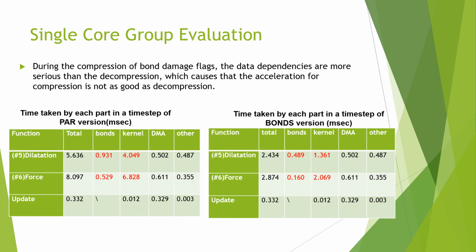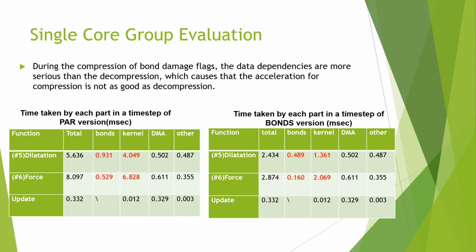Next, I will show the breakdown of the parallel version and the final version. We can see that our optimizations on vectorization speed up the kernel about 3 times. As for the bond damage flags, the vectorization of operations of bond damage flags in the deletion part gets a 1.9 times speed up, while it gets a 3 times speed up in the first part.